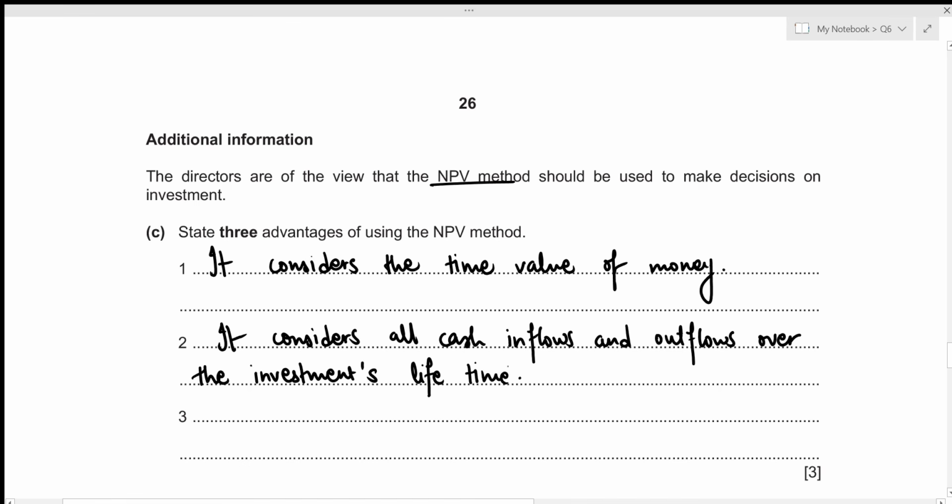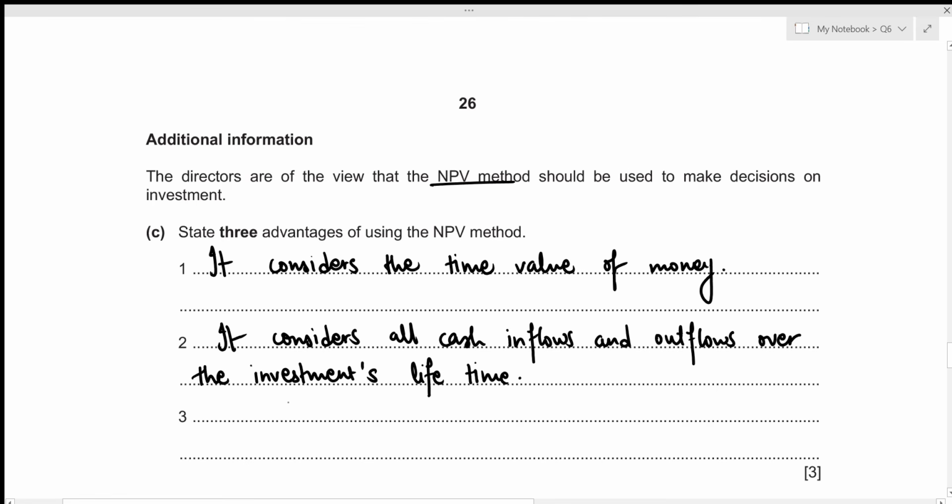And lastly, cash flows are more objective than accounting profits, right? Because profit is not always equal to cash flows, and there can be a higher profit in a company, but then there can be a deteriorating condition of the cash flows. So cash flows are the more accurate method to determine whether the condition of any company or any particular asset is right or not. Let's write it down.